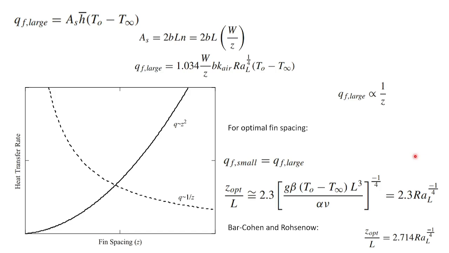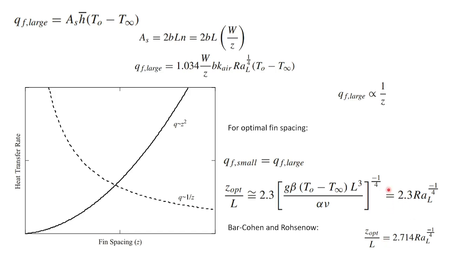This is based on the procedure given in the book. There's a paper by Bar-Cohen and Rosenau, where they obtained Z optimum by L as something similar to this one, but not exactly the same. So this is 2.3, this is 2.714.